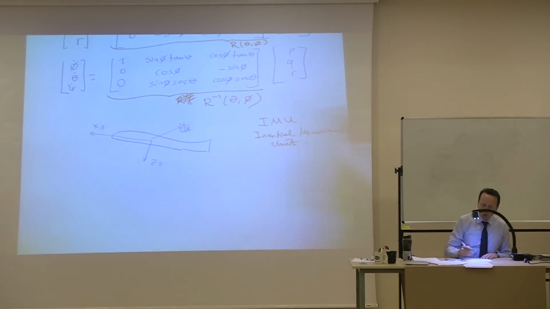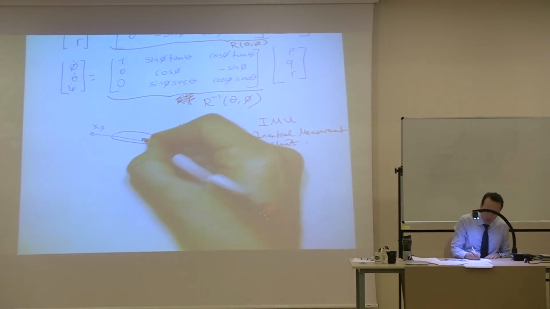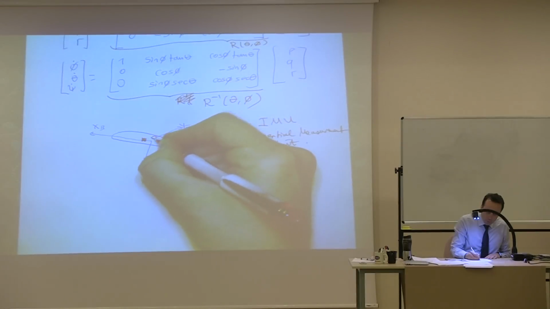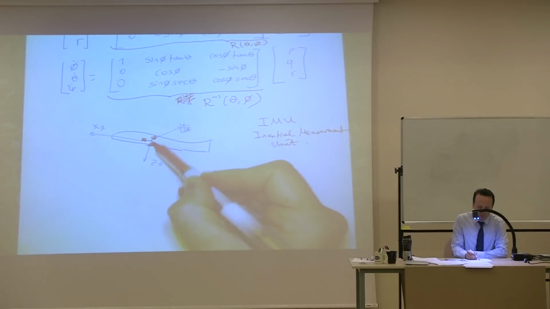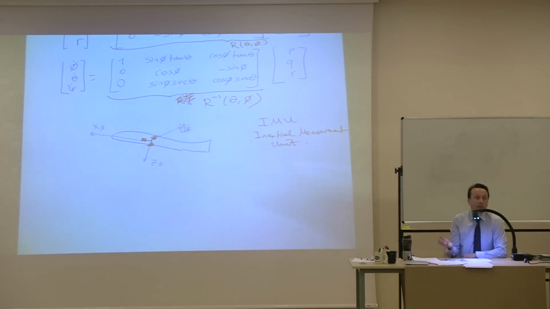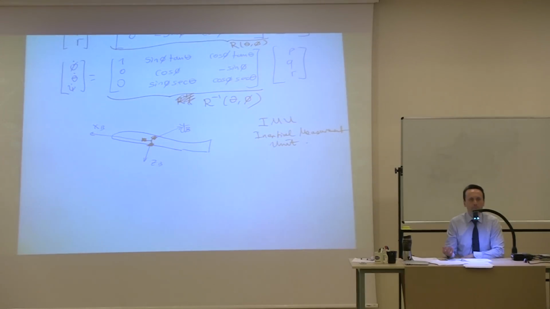If you mount the 3-axis gyroscope on the airplane, let's say over here on the CG, you will have 3 gyroscopes in 3 axes that measure the angular velocity. Because you mount it on the airplane, you really measure the angular velocity along x body, y body, and z body.